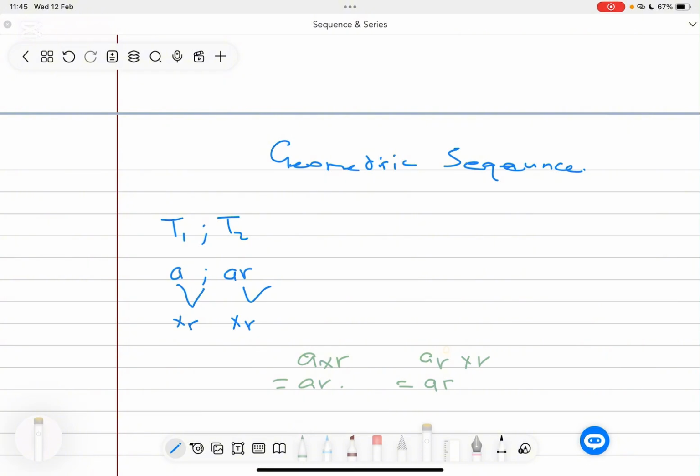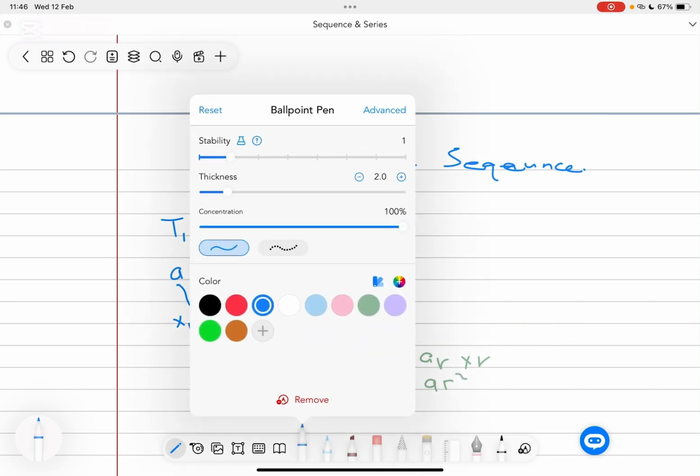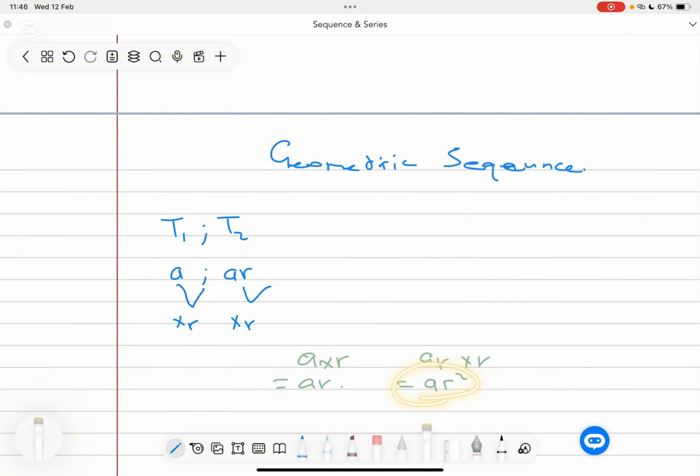We have invisible 1 here and invisible 1 here. That means we have 1 plus 1, and that will give us a 2. Remember, when we multiply by R here, we get the next term, which will be AR to the power 2. And we're saying that this is term 3.